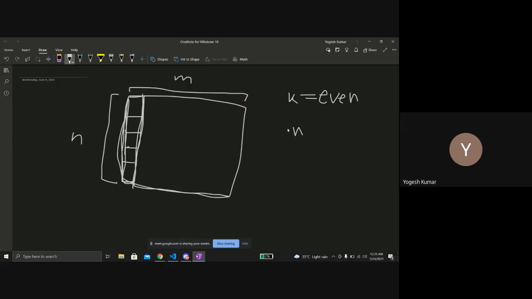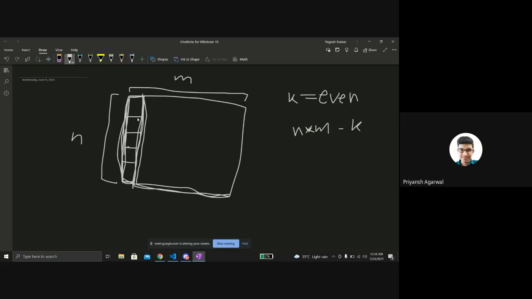So the number of vertical dominoes would be n into m minus k. If you cannot fill this up with the vertical dominoes, you cannot fill the rest up. First we have to fill this single column, and only then can we proceed to think about the rest of the table.